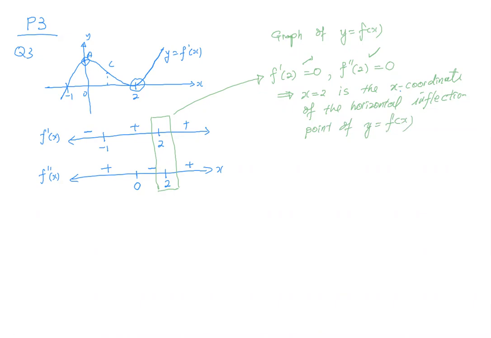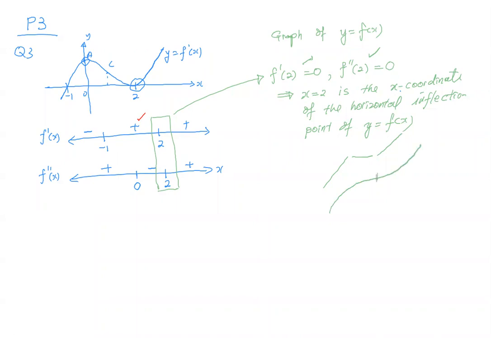So if this is a horizontal inflection point and you look at the f prime x graph, before 2 it is positive. So that means my f x is going up, then goes horizontal, then goes up again. Am I right? So this part has to go like that.